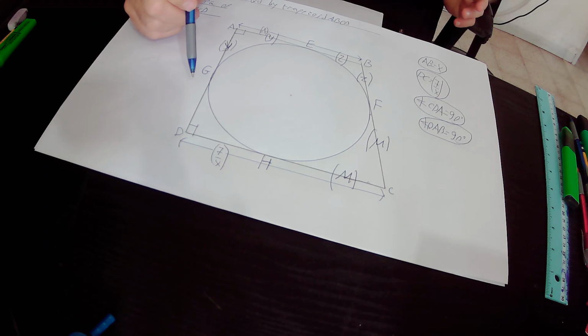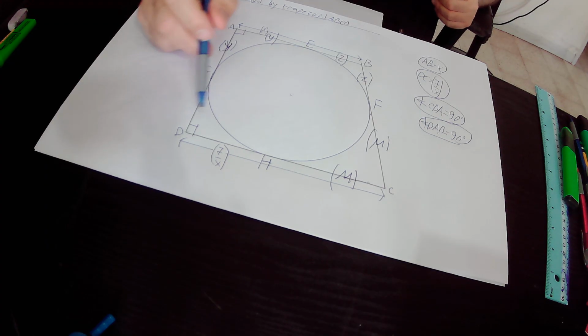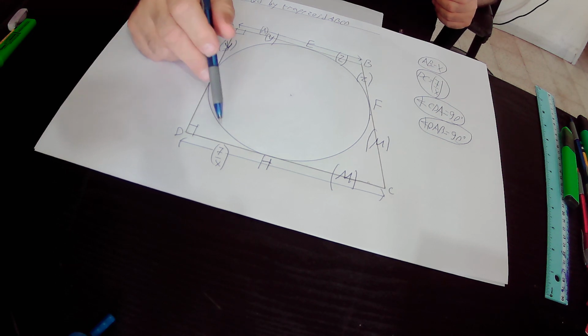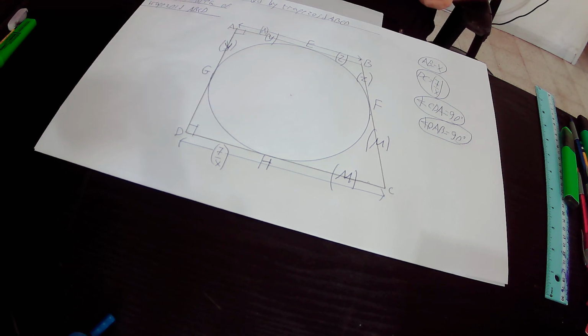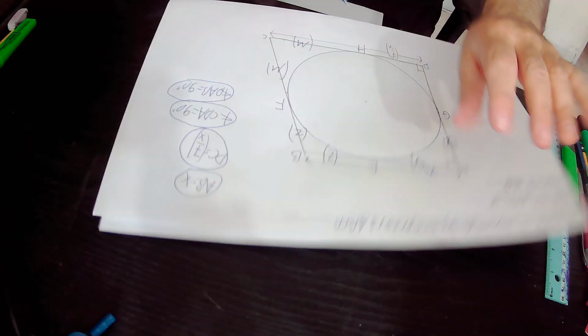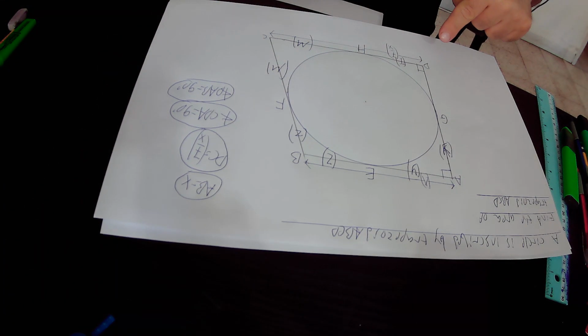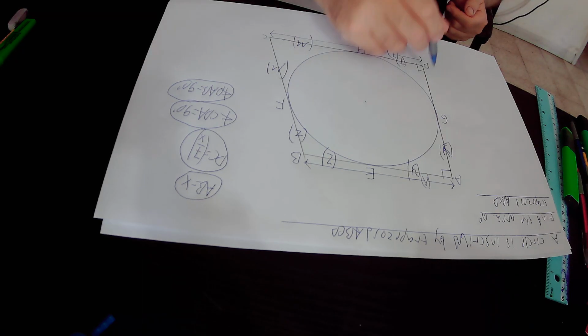According to rule 2, DH equals DG. So if we define the length of tangent DH as T, then the length of tangent DG must also equal T.